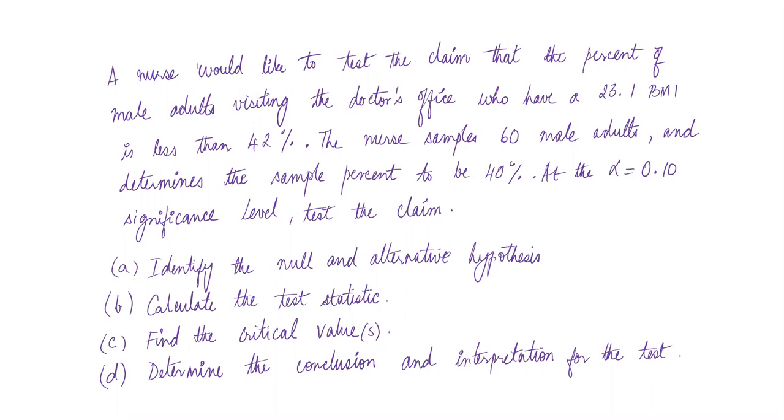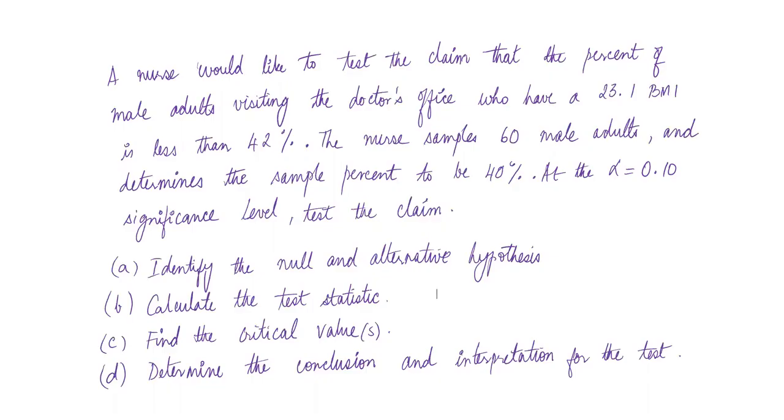Again, we read the problem until we understand this. A nurse would like to test the claim that the percent of male adults visiting the doctor's office who have a 23.1 BMI is less than 42%. So there are male adults visiting the doctor's office, and among them, those who have that BMI value is less than 42%.